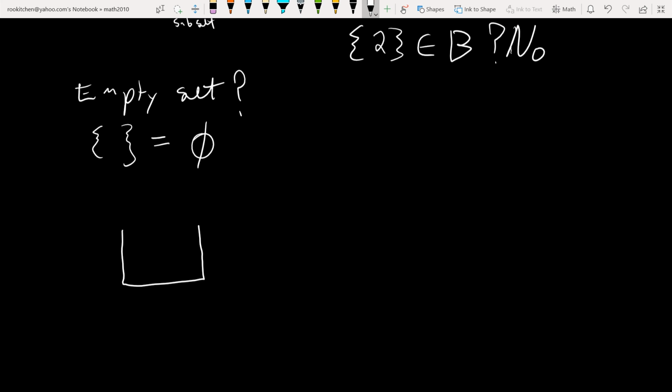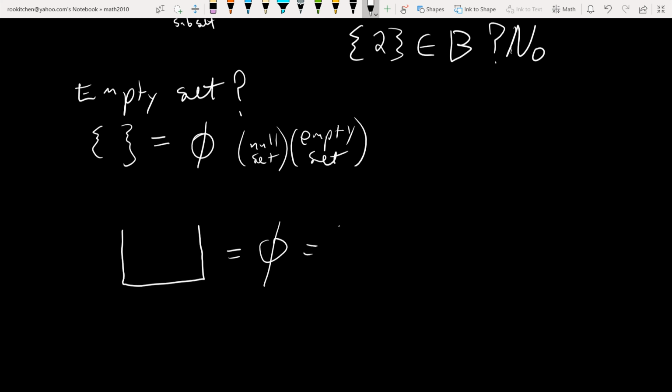So this empty box, I'm going to say represents the empty set, which is sometimes also called the null set. Null set, or the empty set. And so you can also just write it like that.